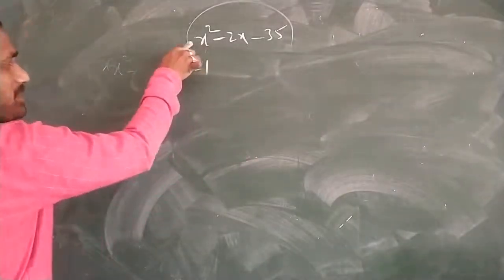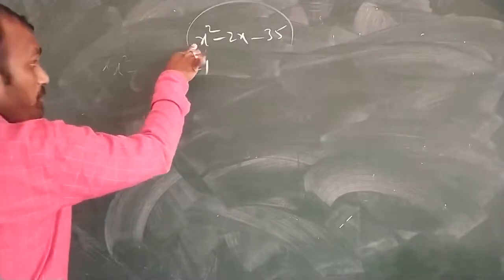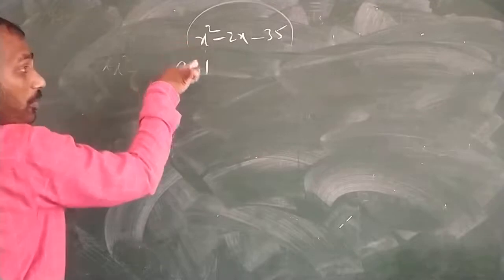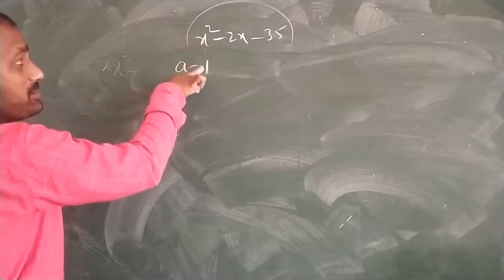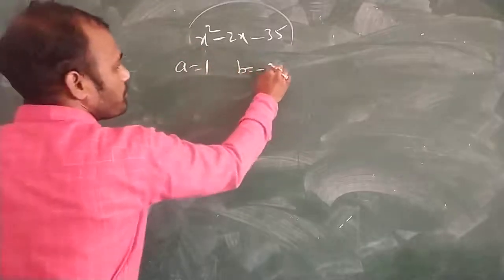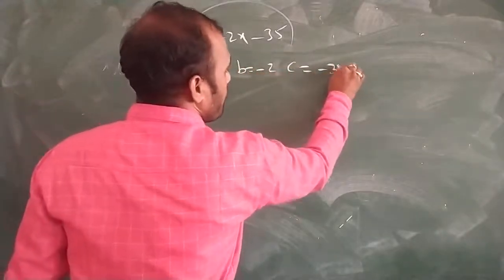Why? Because nothing is there in front of x square, so we can treat it as 1, with a plus symbol. Here b value is minus 2, c value is minus 35.